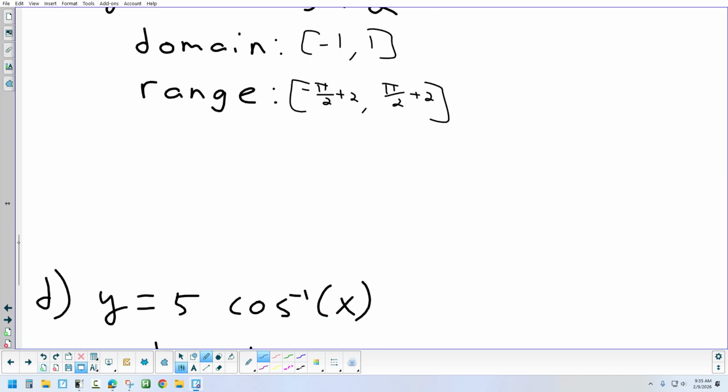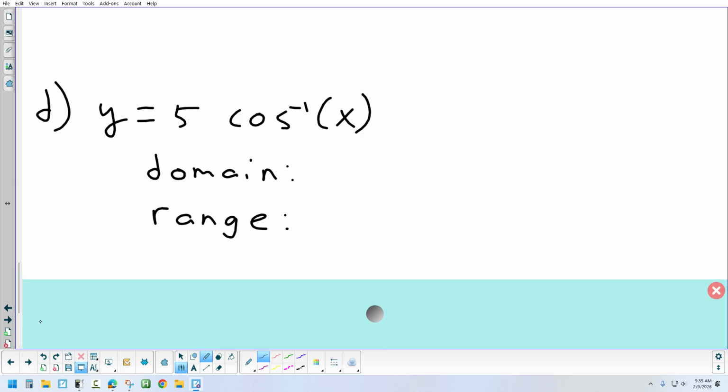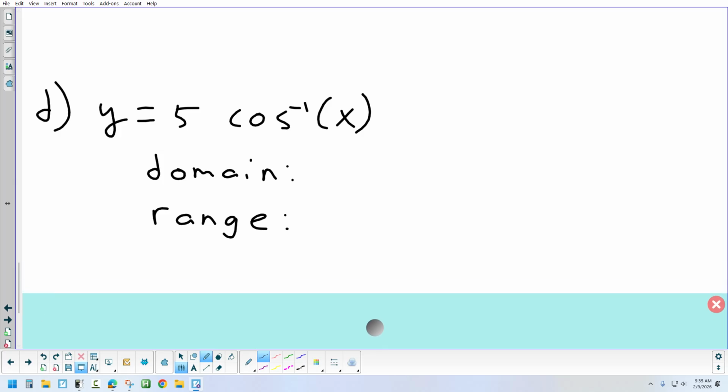All right, let's try a different function. Let's do inverse cosine. What is not changing in this one? Domain is staying the same. Can you tell me the domain for inverse cosine? -1 to 1.